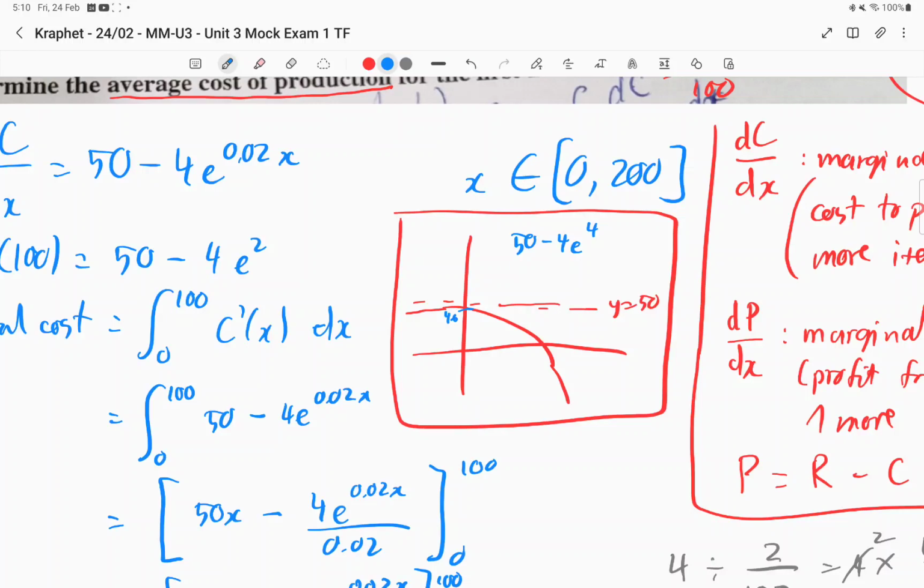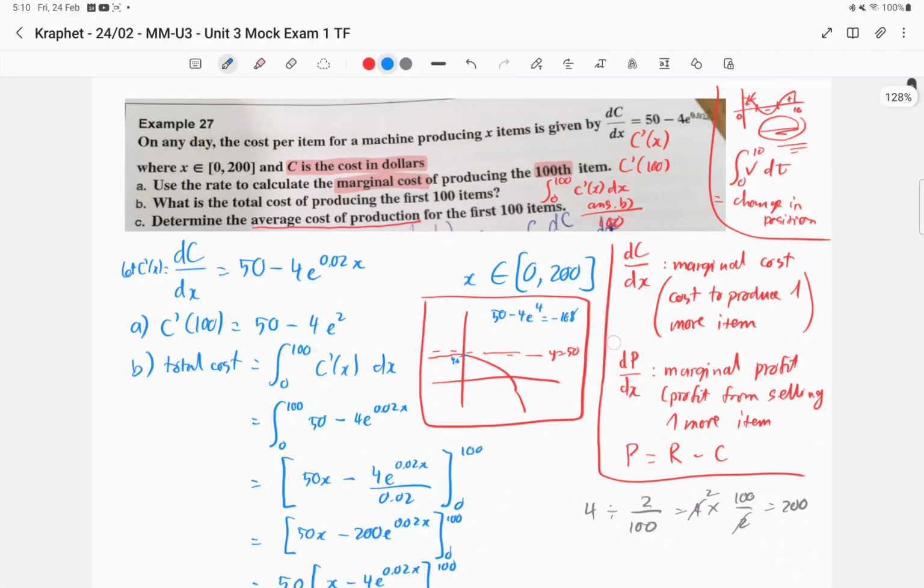Okay, double check. 0.02 times 200. Yeah, okay. So that's negative 168. Bit strange. Negative 168. Hang on. Let me double check.